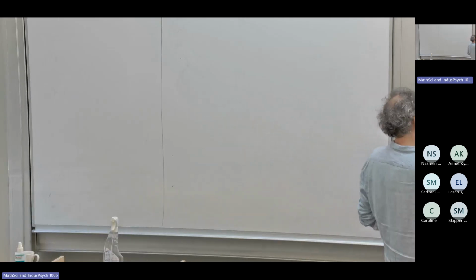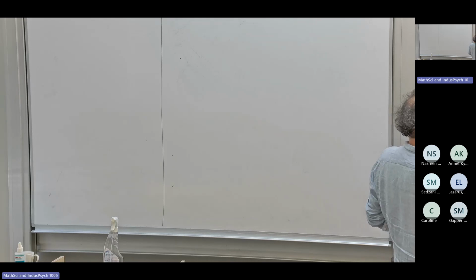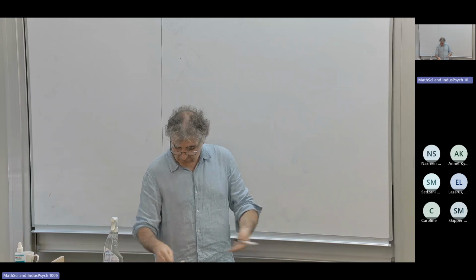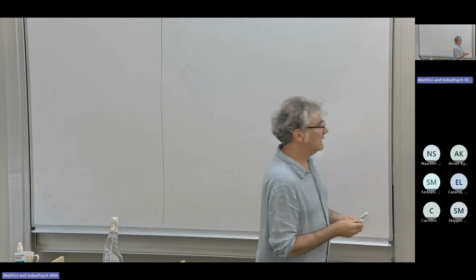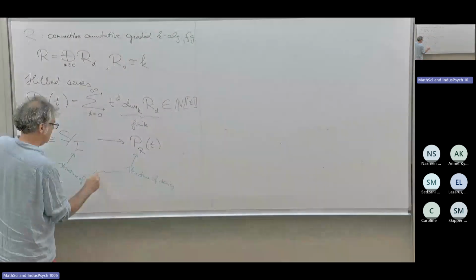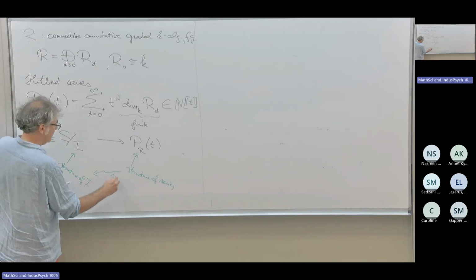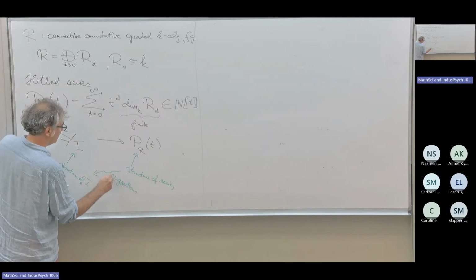So R is isomorphic to a free algebra modulo I, and to construct and study interesting examples, we will be very interested in the structure of this ideal I. From R you get the series, and you have the structure of the series, and there will be some kind of suggestions about what the structure of the ideal could be.